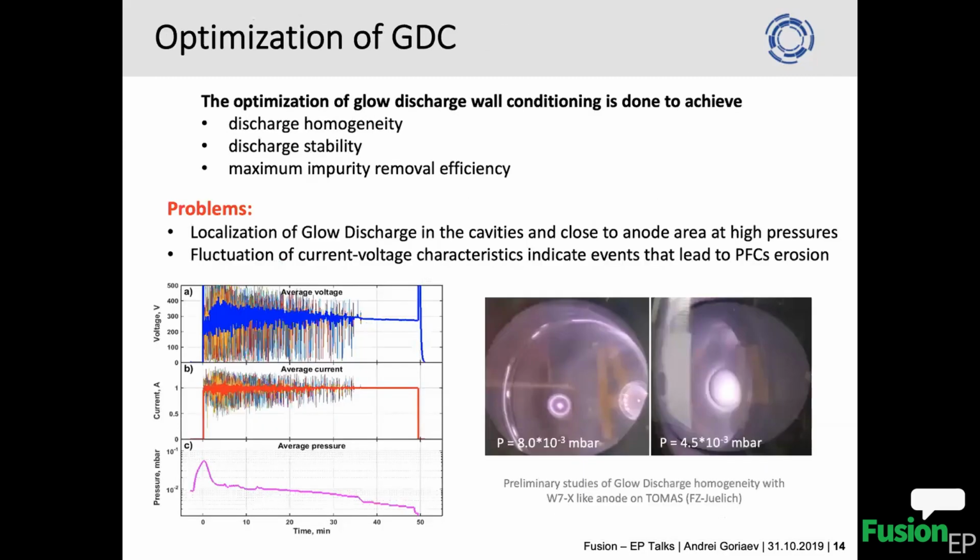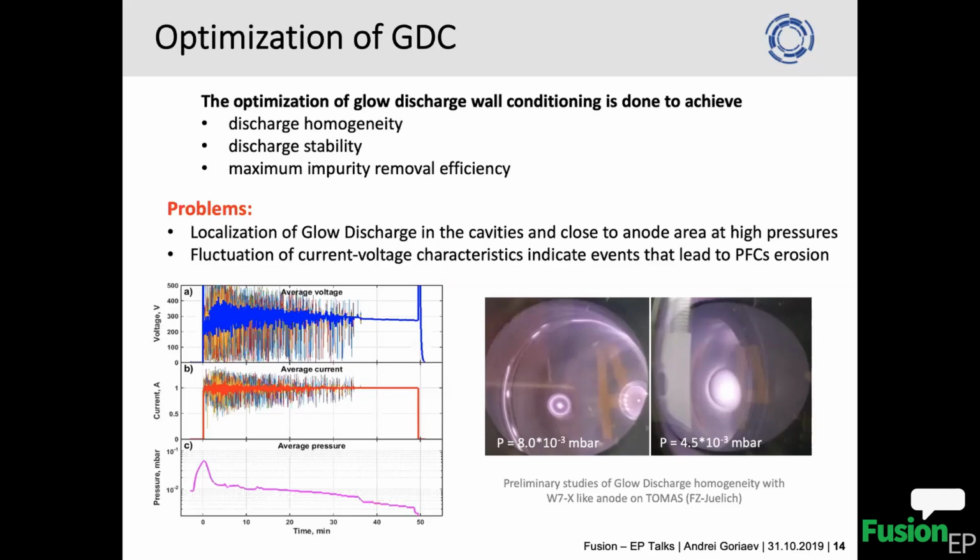So yes, glow discharge is really nice, but it has to be optimized for every fusion device. First of all, it should be homogeneous, because if the discharge is not homogeneous and is localized, you can clean only some special area, the so-called plasma wetted area.